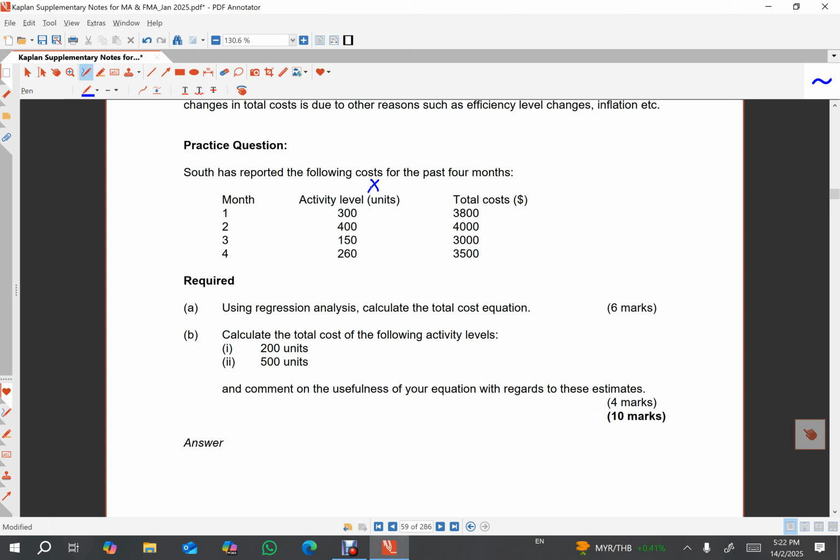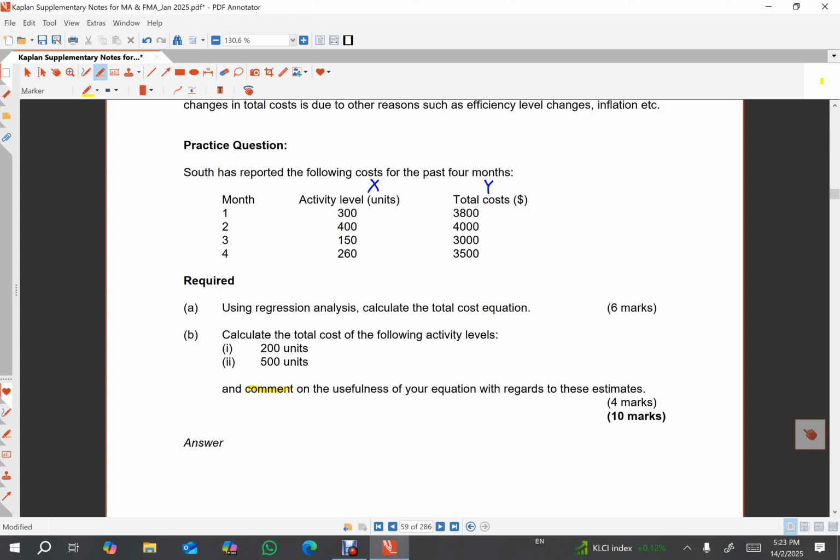So units is X, total cost is Y. A, use regression analysis to calculate the total cost equation. Then calculate the total cost for an activity level of 200 units and 500 units, and comment on the usefulness of your equation to estimate.